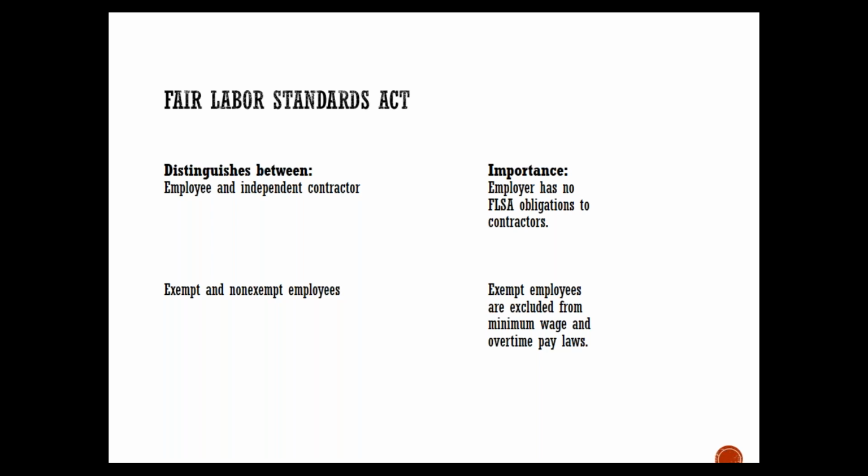Under the FLSA, an employer has no obligation to pay overtime or the exempt minimum salary to an independent contractor. However, inappropriately classifying someone as an independent contractor is usually where we get into trouble. To be an independent contractor, the person has to be hired, controls their own time, and has their own resources and materials.